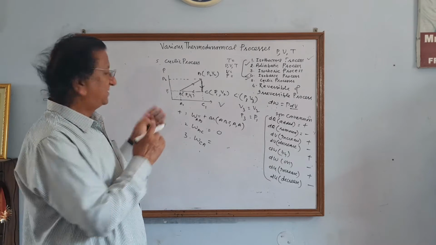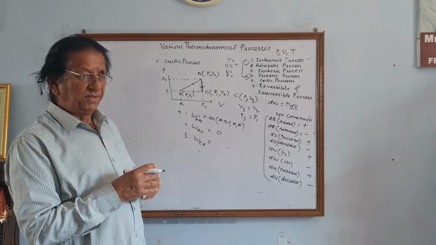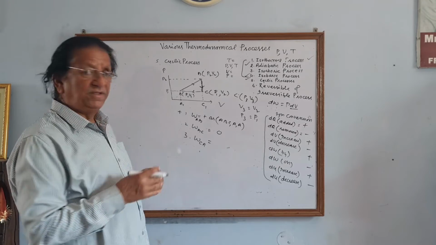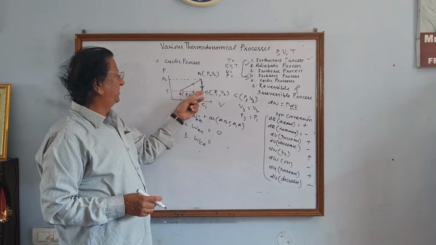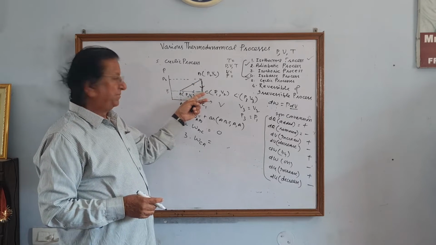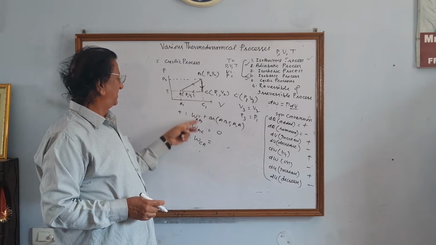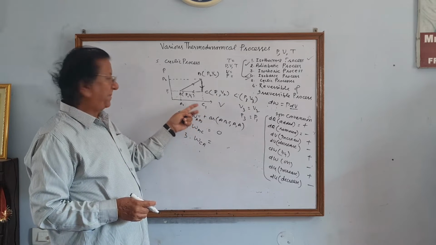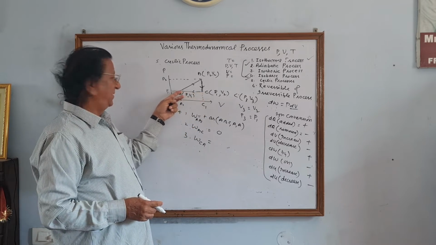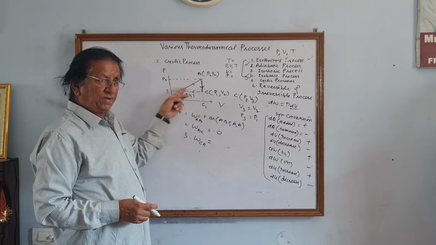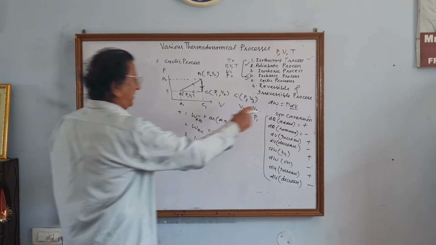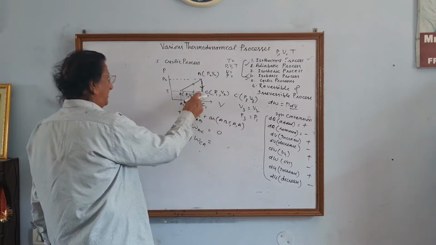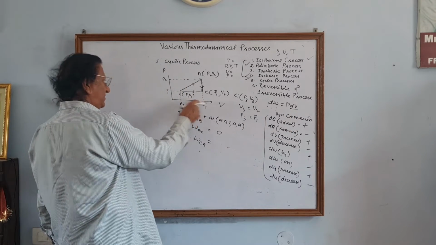Now this graph has 3 components: AB, BC, CA. And in one part BC no work is done. In AB part positive work is done. And for this portion C to A, how much work is done? Work is P into dV, and here there is a decrease in volume. V2 is more than V1.